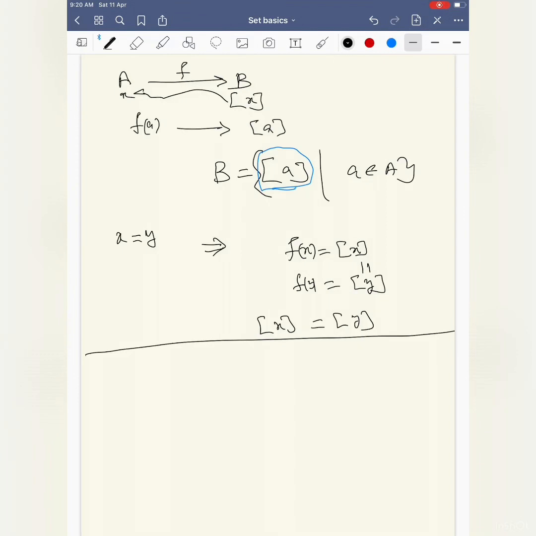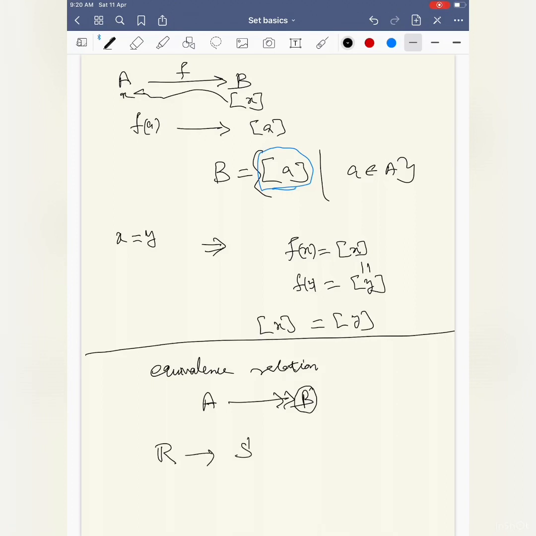So finally, the upshot of what you wanted to understand is that an equivalence relation is nothing but giving a surjective map. If I want to define an equivalence relation on A, it's nothing but giving a surjective map to B. Okay, you can get this idea in many places.